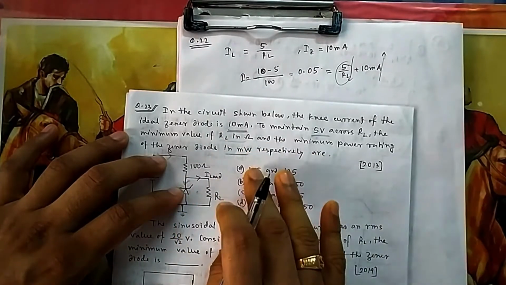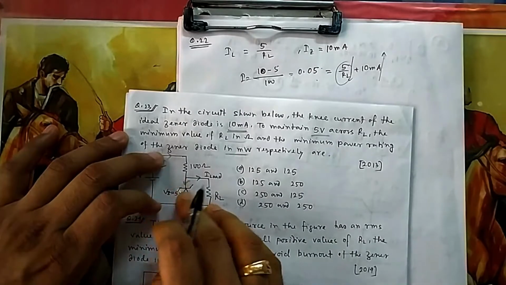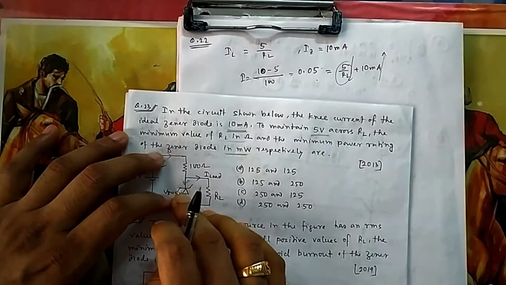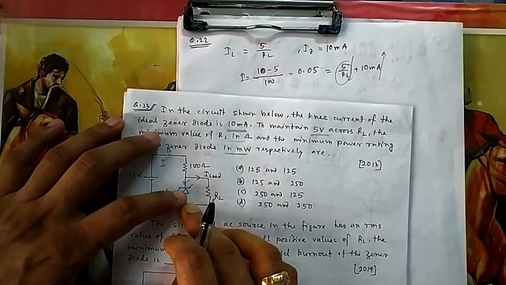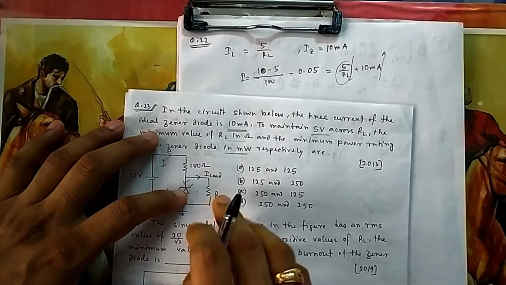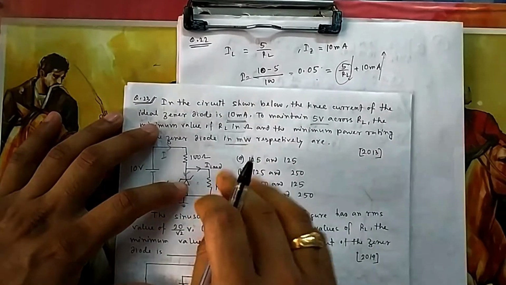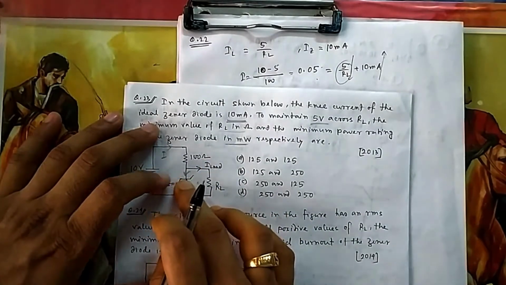If you go further in reducing RL, then more current will flow through the load, and no current will come through the Zener, so it will not work as a proper Zener voltage regulator. So to maintain 5 volt, it should take 10 milliampere. If you allow RL to be less than that, then more current will flow through the load, and that 10 milliampere will not flow here.